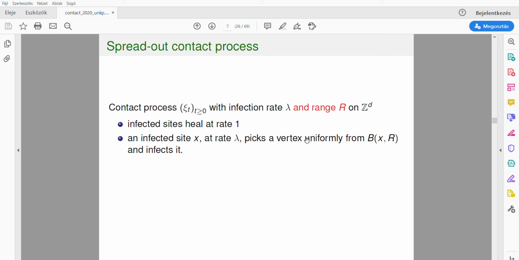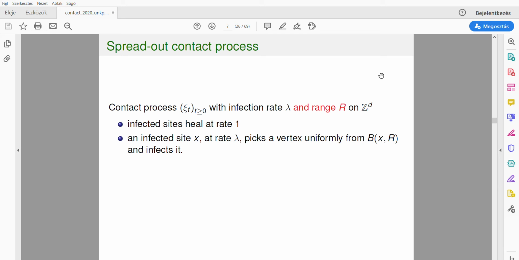And okay, here is one more thing. I did not really specify what kind of ball I'm thinking about. Of course, this is going to be a ball inside Z^d, so I will only be able to infect other guys whose coordinates are integers. More specifically, in our paper, for technical reasons, we use balls with respect to the L infinity norm.